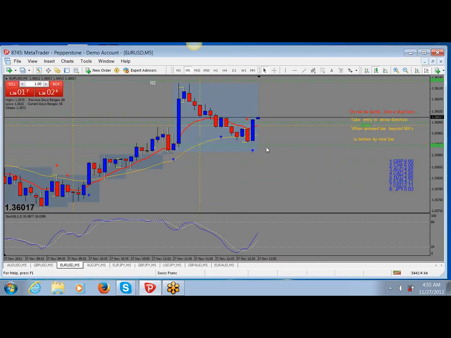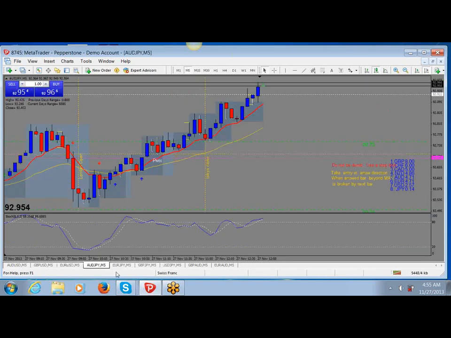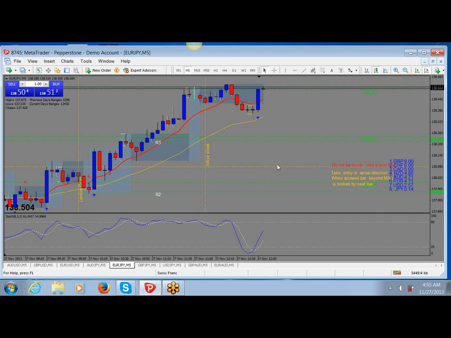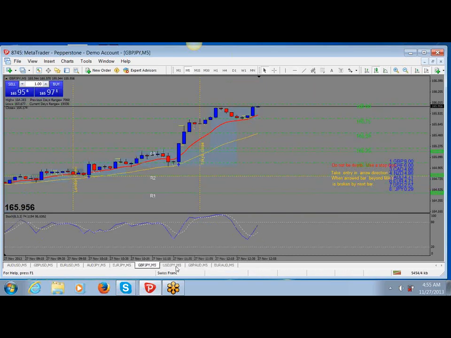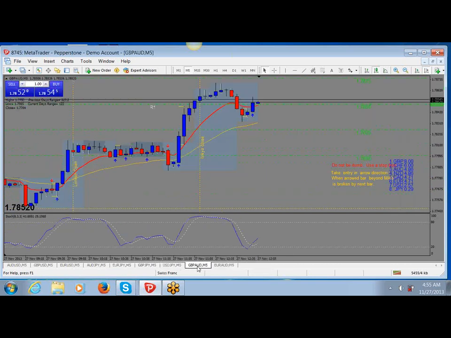There's an EU break off the zeros. EJ break off the 50. There's a potential here, pound Aussie.